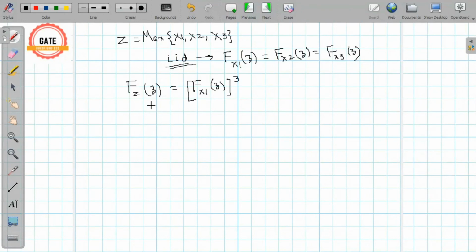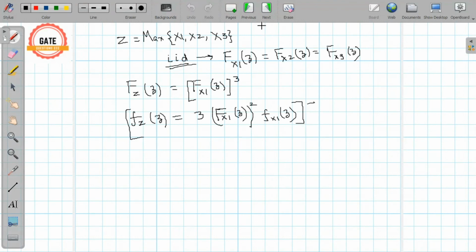So this is the formula for the CDF of Z. Differentiating both sides, the PDF of Z will be equal to 3 times F_X1 of z raised to power 2 multiplied by f_X1 of z. So this is the answer to this question.